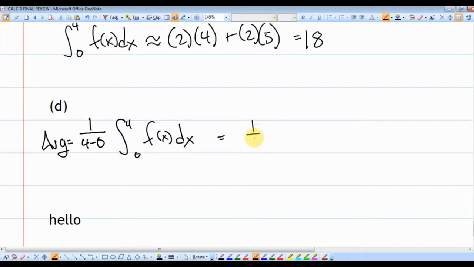Okay, well, we did that integral, and from part C we got 18. And so the average is equal to 1/4 of 18, which is 4.5. It is 4.5, right? I said that. Okay.